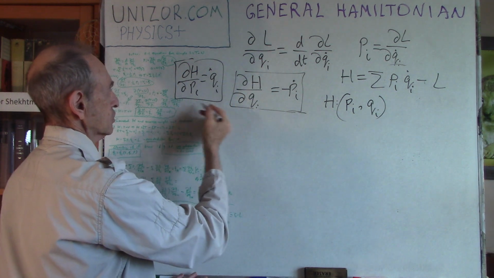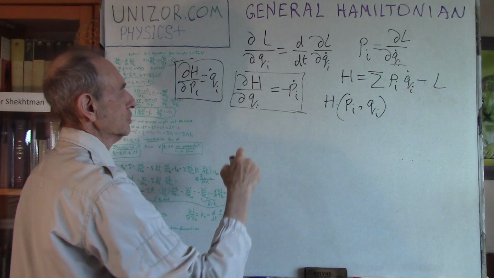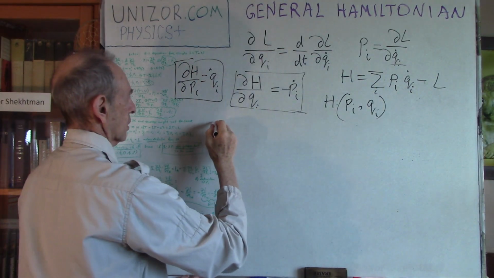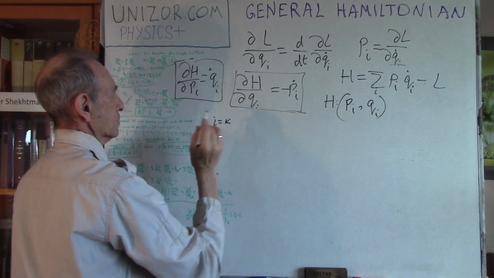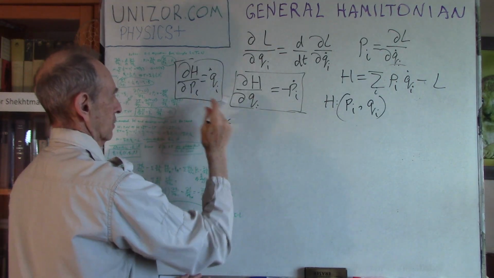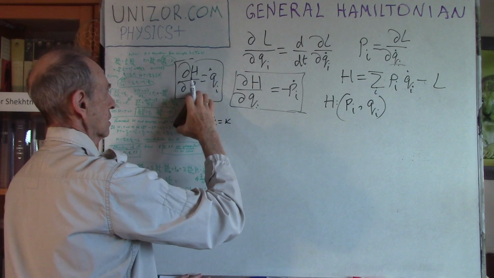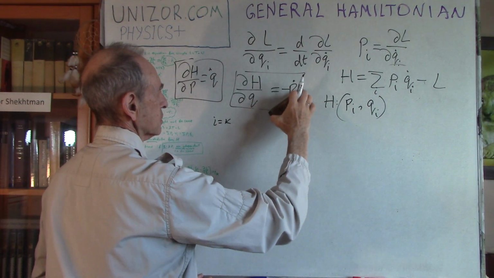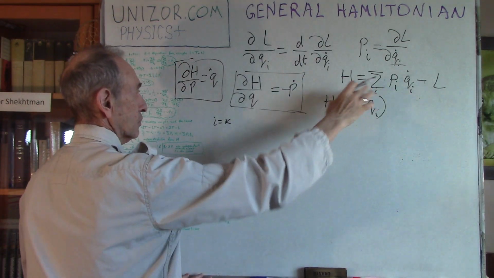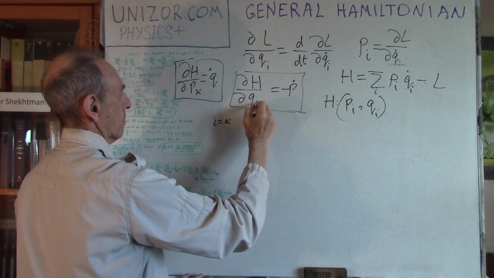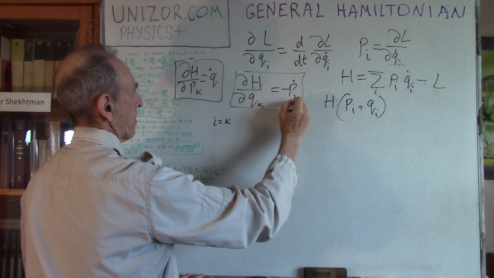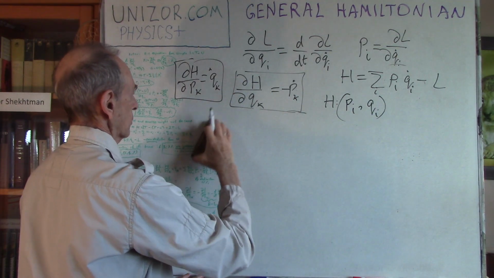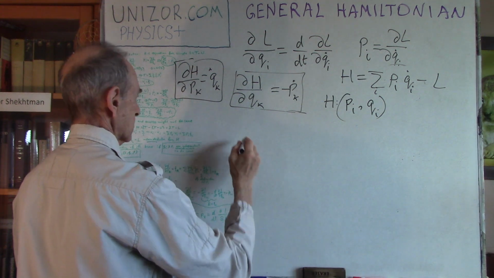I have to basically check it for every i, but I will use i for summation here. So I will check it for i equal to k in this particular case. I will put k here, since it's just one particular coordinate, and I will use i for summation. Okay, fine.